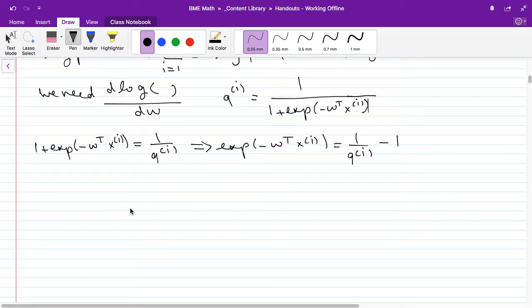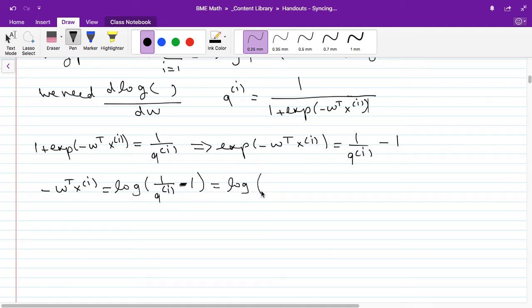And this is useful because it allows us to take the log of both sides, and so we get minus w transpose xi is equal to the log of the right side, which is the log of 1 over q_i minus 1, which is equal to the log of (1 minus q_i) over q_i.